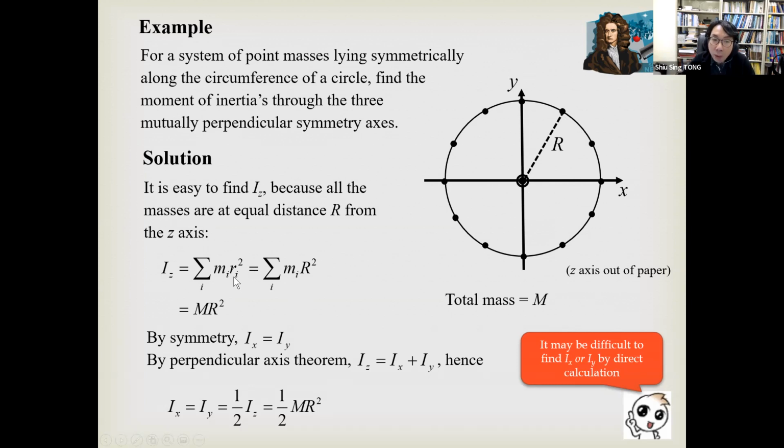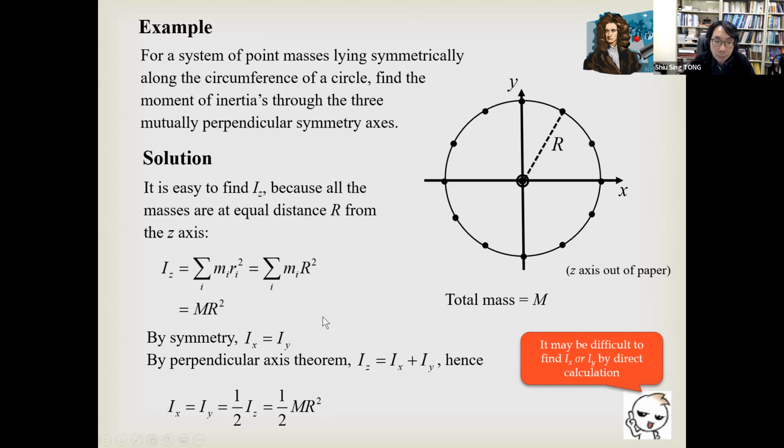So all the Ri perpendicular is just equal to capital R. So the summation mi Ri perpendicular squared is just summation mi capital R squared, that is summation mi multiplied by R squared. Summation mi is capital M. So Iz is just MR squared.